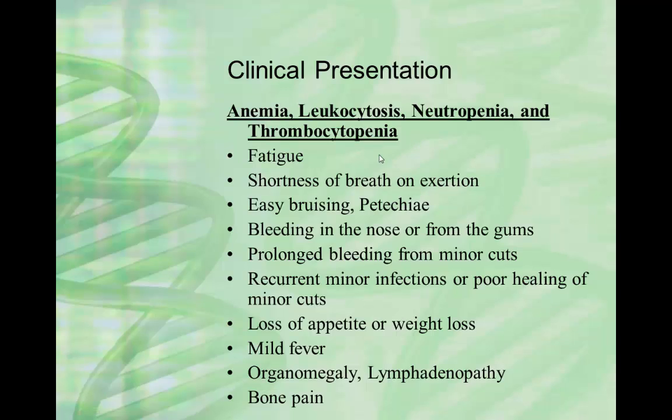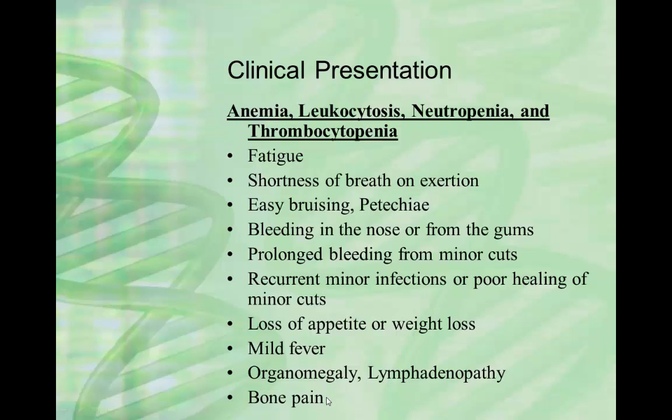General symptoms that could occur in all of them are fatigue, shortness of breath from the anemia component, easy bruising from the thrombocytopenia, prolonged bleeding with minor cuts, recurrent minor infections and poor healing due to neutropenia and opportunistic infections, loss of appetite and weight loss due to catabolism, organomegaly and lymphadenopathies, meaning splenomegaly, hepatomegaly, and lymphadenopathy, because all the secondary lymphoid organs are participating in production and substituting for the bone marrow in its failure.